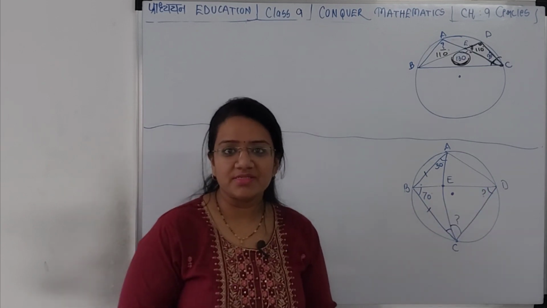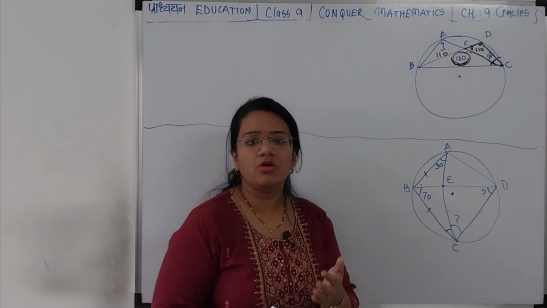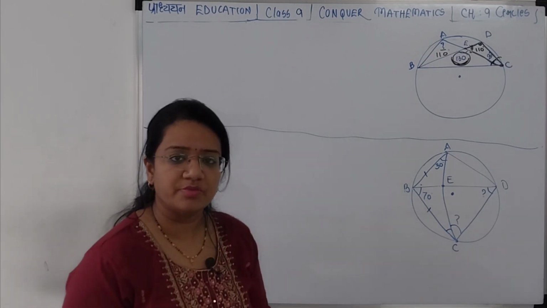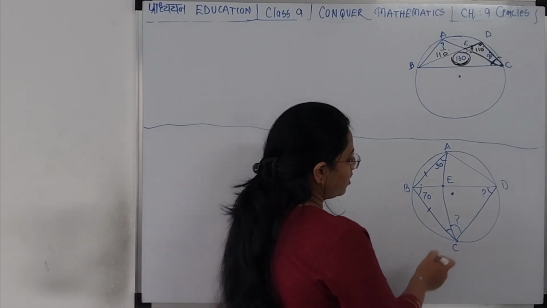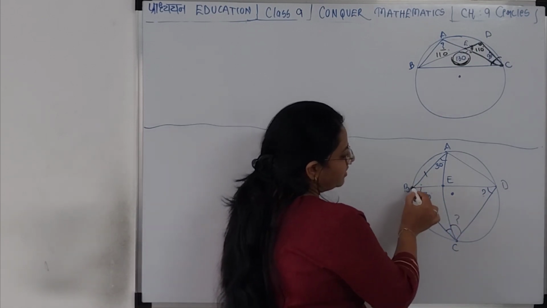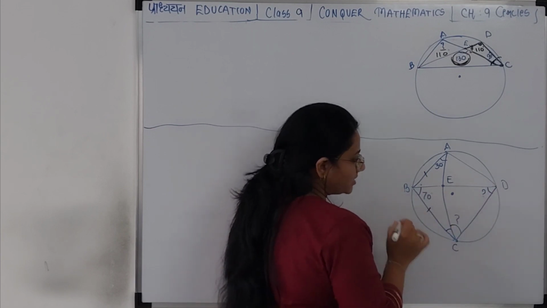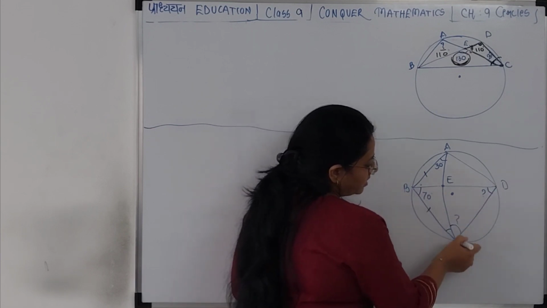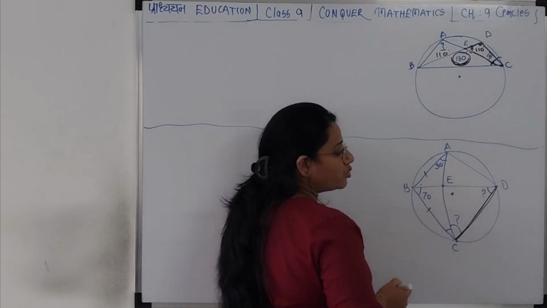There are multiple ways you can solve this, but I am going to give you just one way. You can think of other ways, and the notes also have them, so please check for yourself. Now understand, we want angle BCD, this bigger angle. Now if you can see, this chord CD is making which two angles?